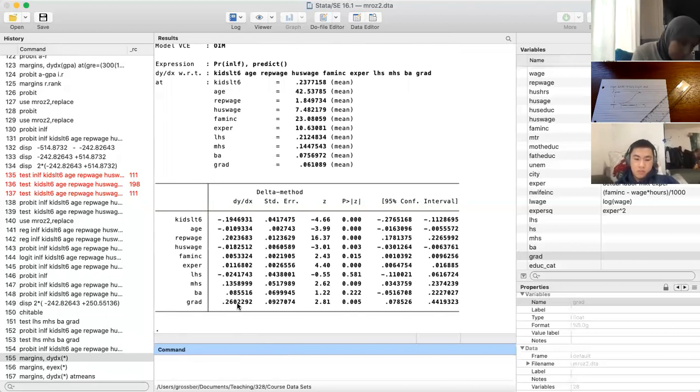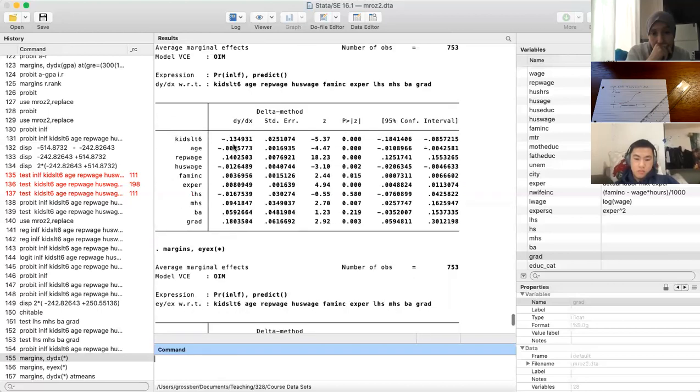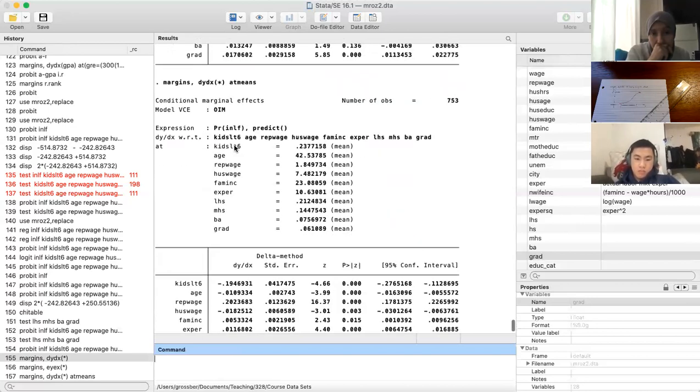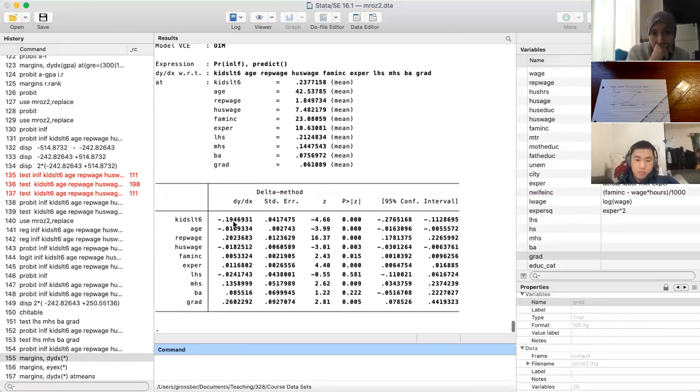When all values are at their means, having another child decreases the probability of being in the labor force by 0.19, or 19%. On average, that decreases 13%, taken over the entire range of values. But with everything at its mean, it's 19%.